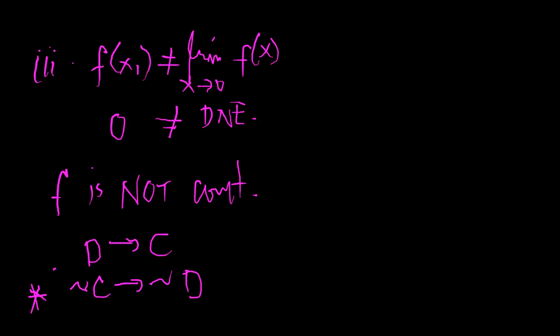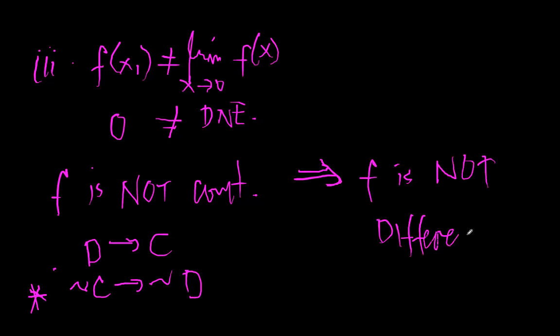We're talking about the second statement, and it implies that f is not differentiable, right? Okay. However, we need to show that f is really not differentiable. How do we do that?